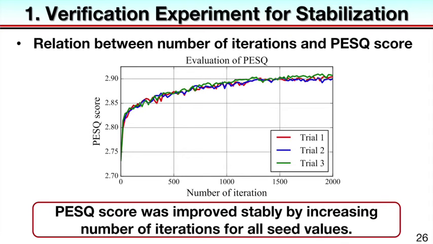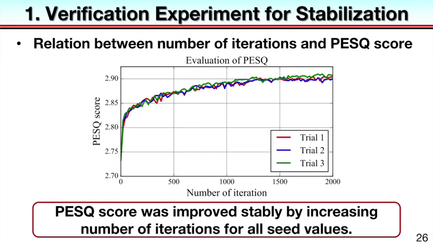First, we conducted an experiment for verifying whether the PESQ score of the test dataset was stably improved by increasing the number of iterations. This figure shows the relationship between the number of iterations and PESQ score on the test dataset, where each mini-batch in the training stage was randomly chosen by using a seed value.